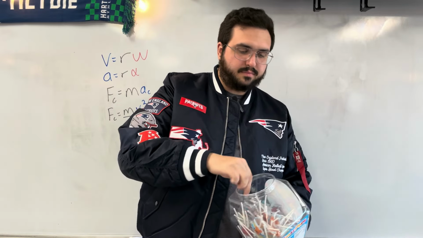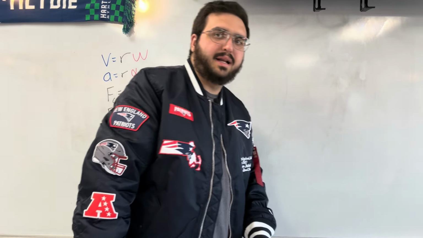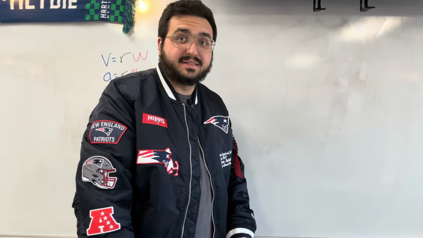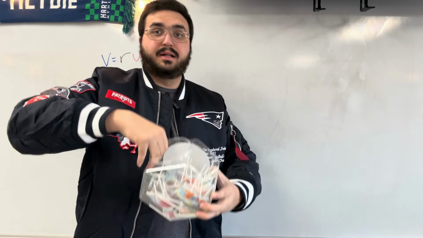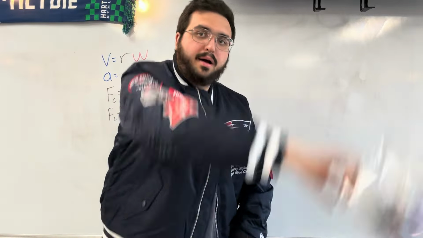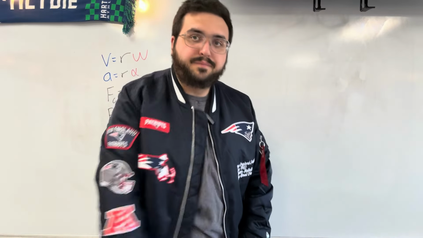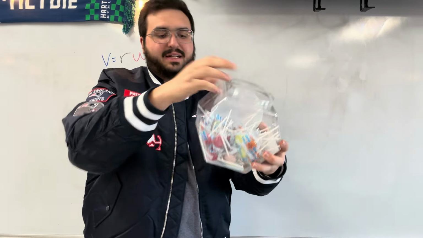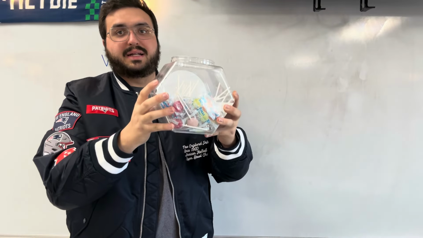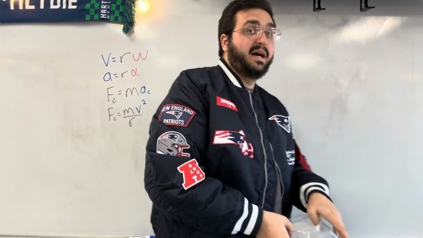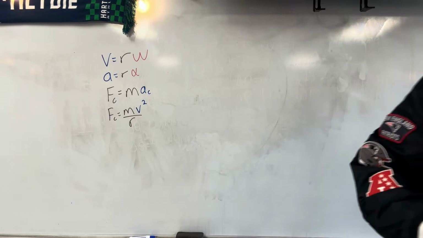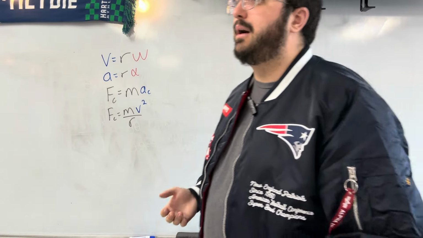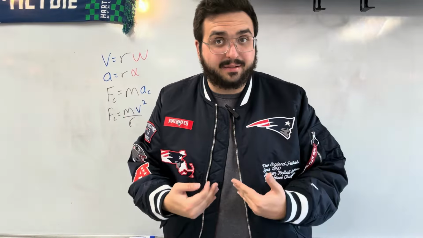Now, that's the case unless I rotate this thing rather quickly, like so. Even though I did that, all of the lollipops stay practically glued to the bottom of my container here. The reason why that is happening is because a force is being applied, not by the lollipops, but rather on the lollipops by me.